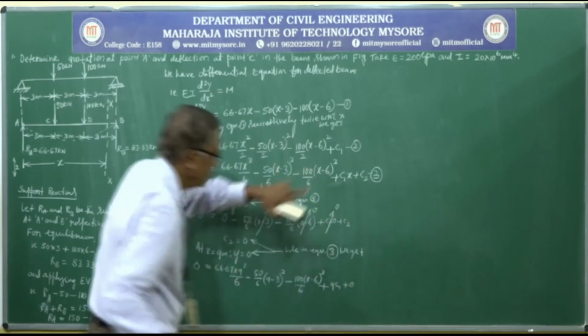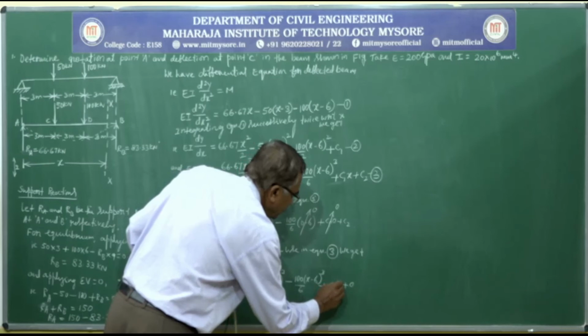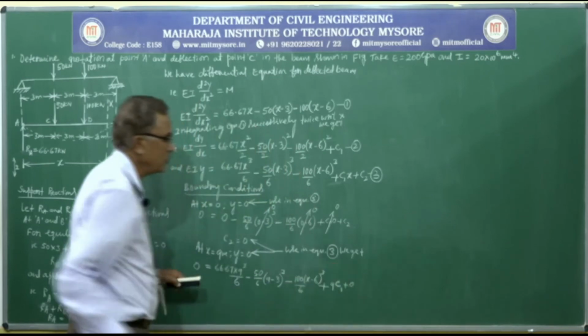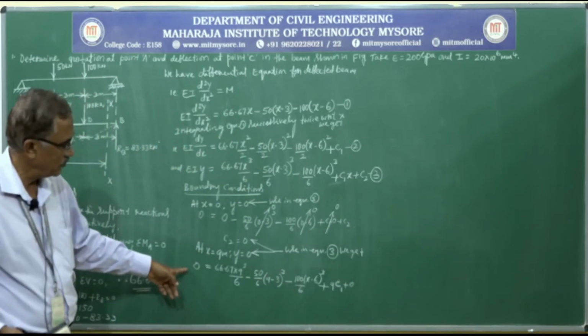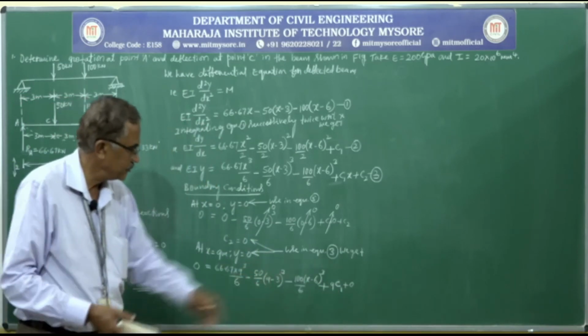You can see here the only unknown is C1 because C2 is 0 and y is also 0. We can easily calculate C1.